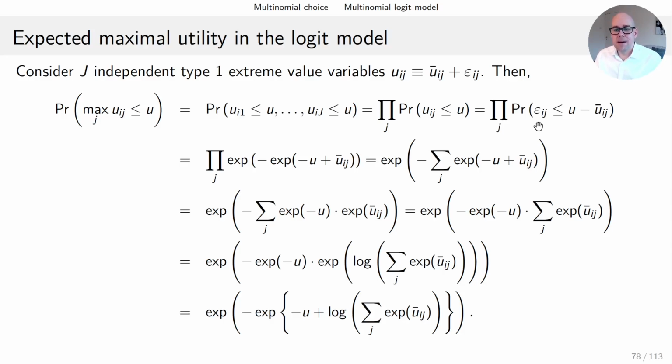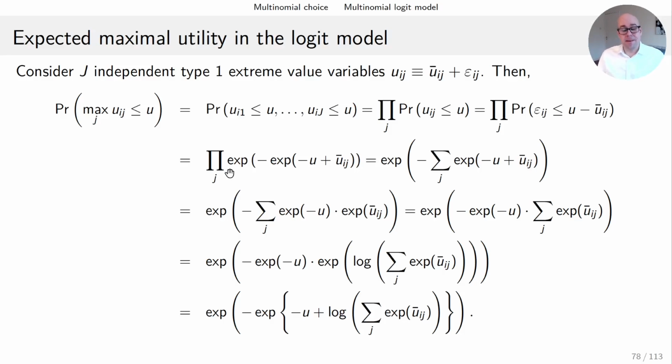So I get the product over j of the probability that epsilon ij is less than or equal to u, which is this constant, minus the mean utility. Next, I'm plugging in the functional form for the CDF of epsilon ij, because I know that epsilon ij is type 1 extreme value.